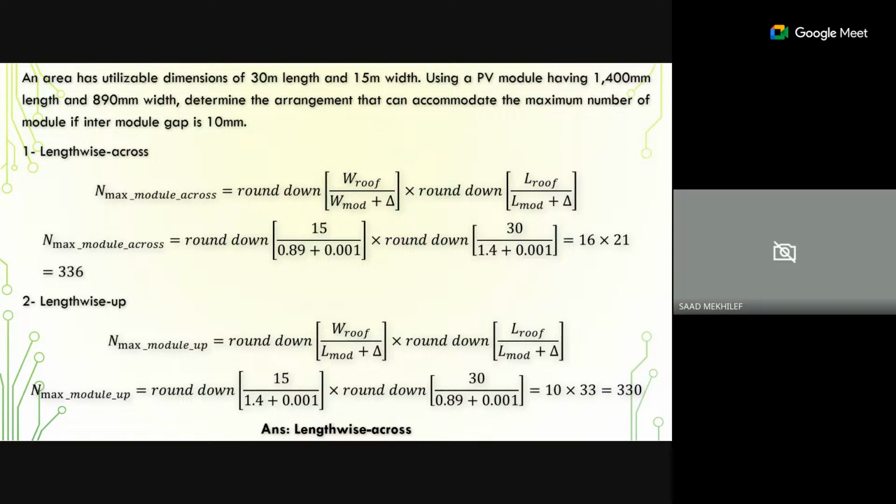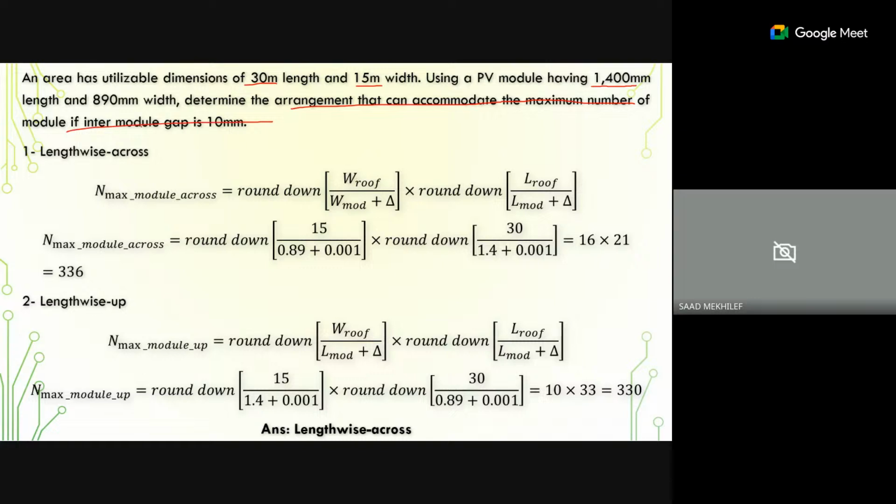So for example, we have an area which is 30 meters length, 15 meters width. Using PV modules having 1,400 mm length, which is around 1.4 meters, and a width of 0.89 meters, determine the arrangement that can accommodate the maximum number of modules.